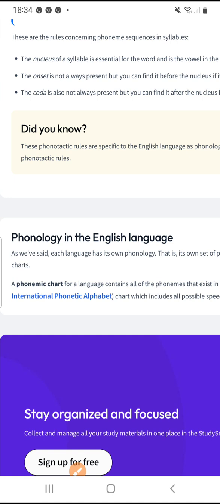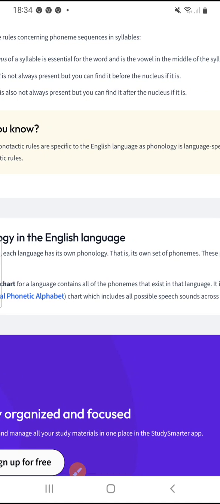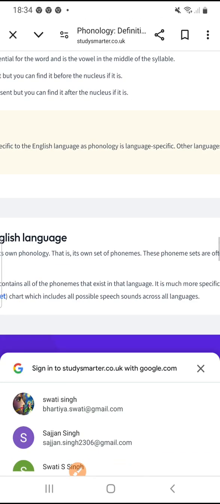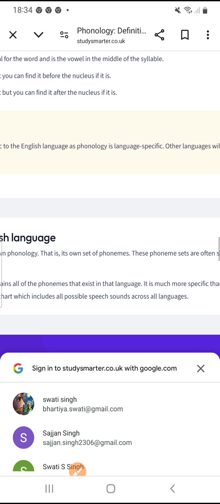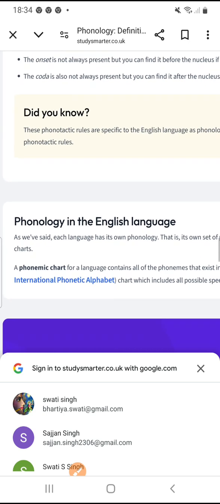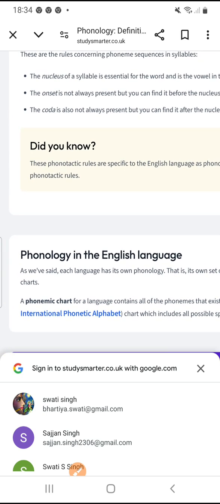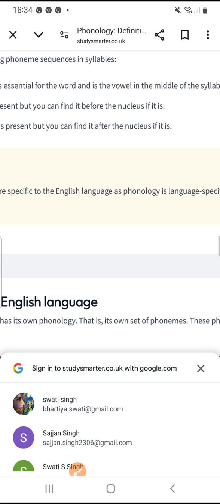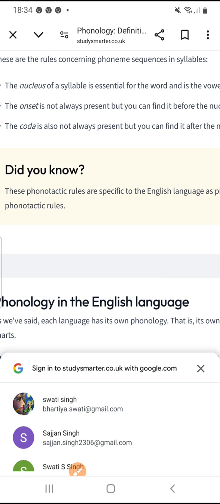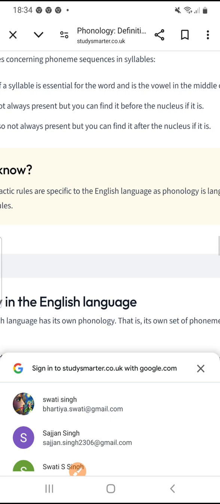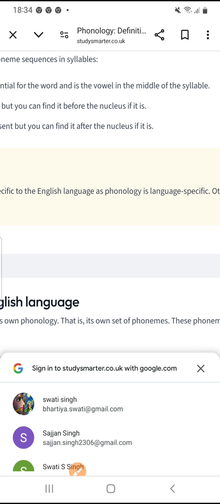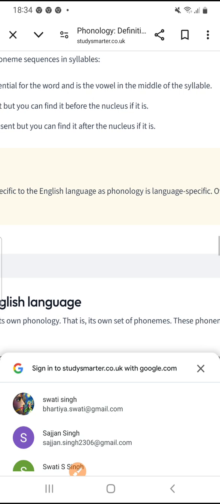The nucleus of a syllable is essential for the word and is the vowel in the middle of the syllable. The onset is not always present, but you can find it before the nucleus if it is.